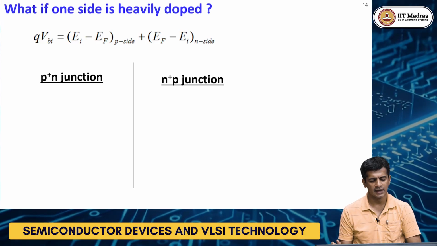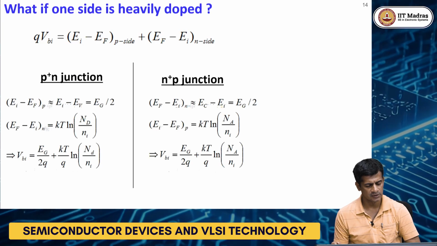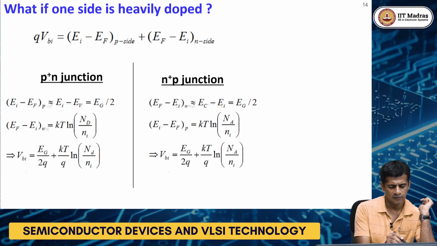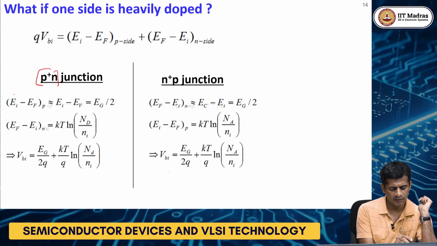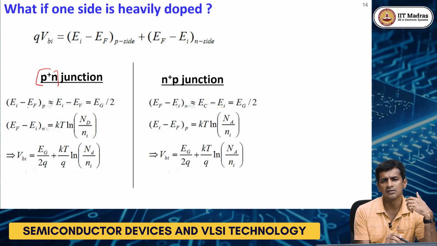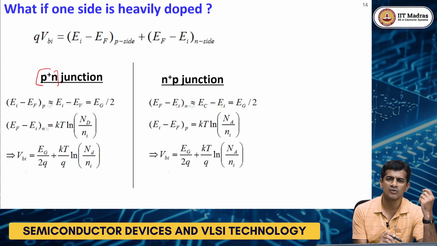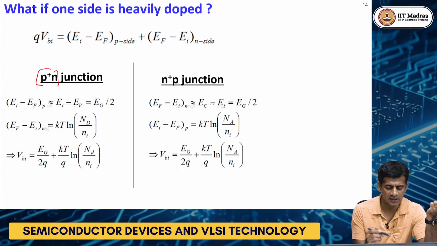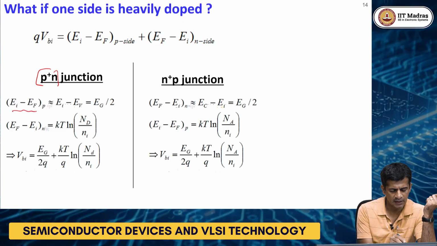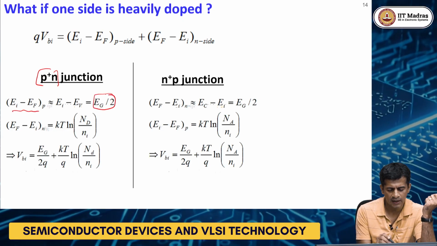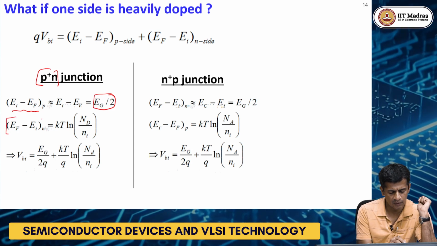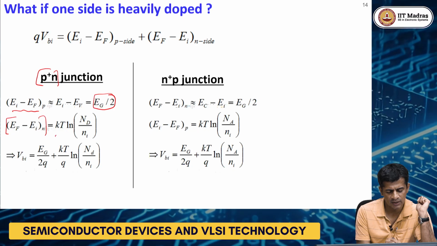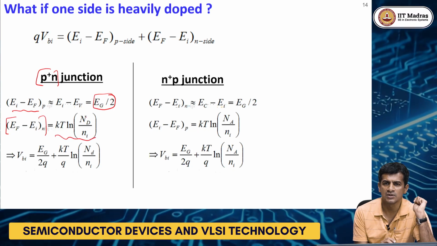If one side is heavily doped, what will happen? Suppose in the case of a P plus N junction, your Fermi level will be very close to the valence band, or sometimes even inside the valence band, so EI minus EF will be typically half of the band gap. On the other side, the n-type side is lightly doped, so you can still assume the Boltzmann approximation.